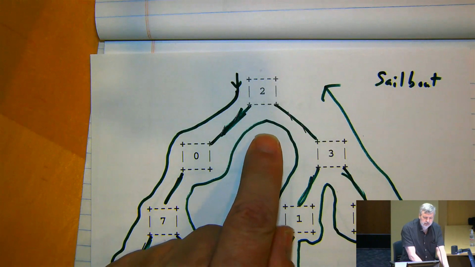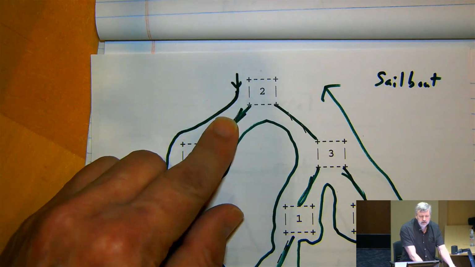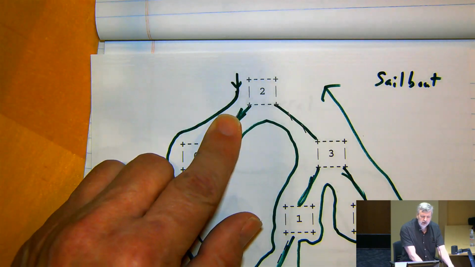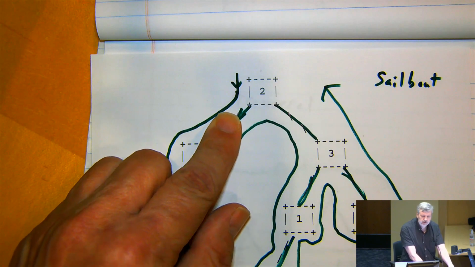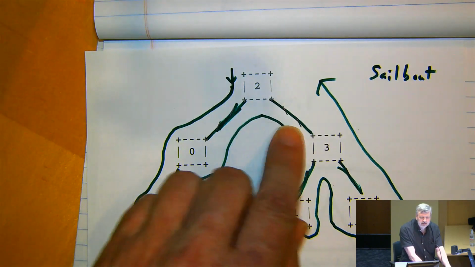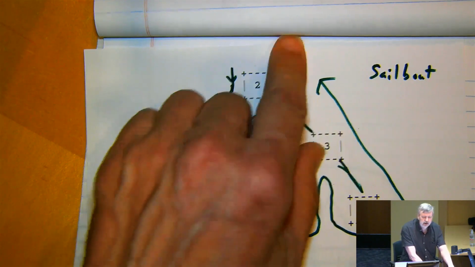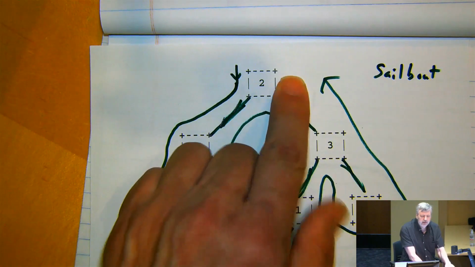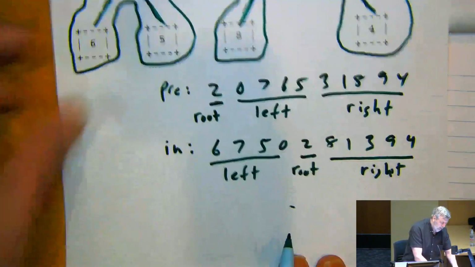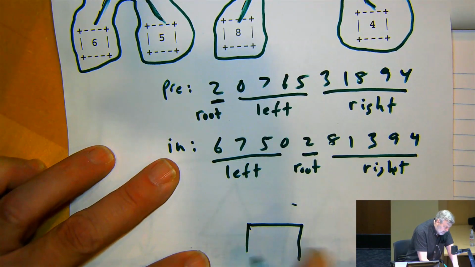Now, think about a node like 2. How many times does the sailboat pass that node with the 2 in it? Well, it passes it once initially, on the left-hand side of the node, and then later, as it comes back around again, it passes underneath it. And then later, as the sailboat is leaving, it passes it one more time on the right-hand side. So for any one of these nodes, the sailboat passes it 3 different times.